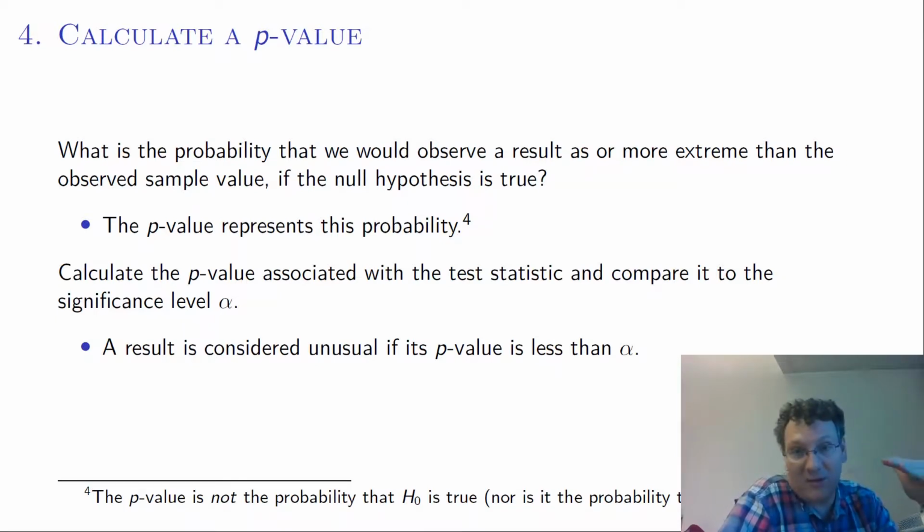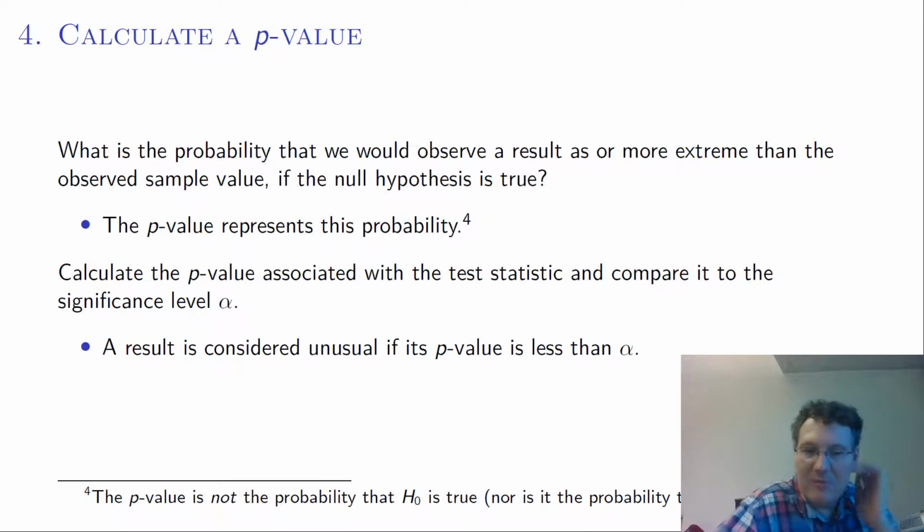If your p-value is lower than alpha, you say my evidence is strong enough to reject the null hypothesis. Or you can think of it like this: if the null hypothesis were true, it would be extremely unlikely to get data like I have. Therefore, I will reject the null hypothesis. I don't think the null hypothesis is true. And that's the idea of the p-value.